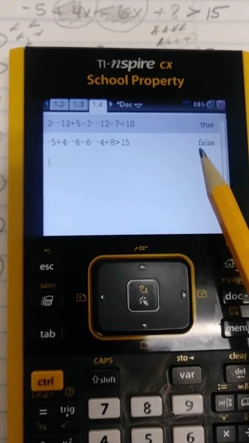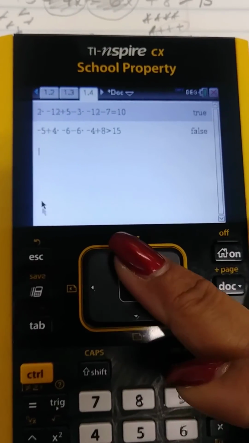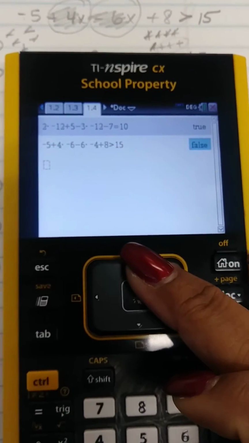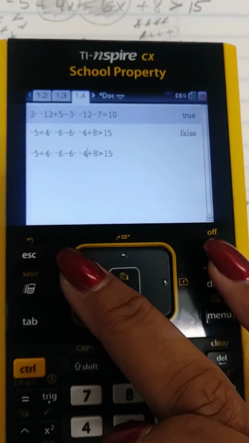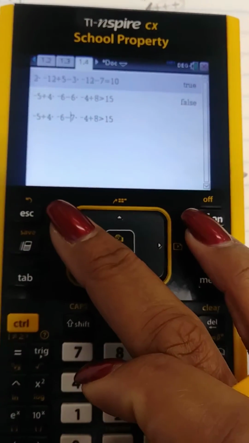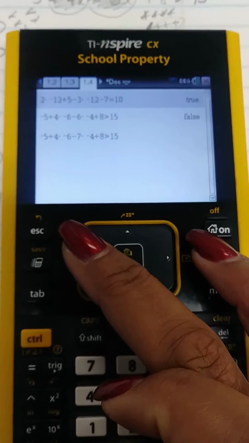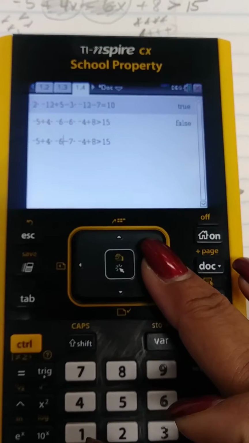It says false because I cannot have negative 6 as an answer. However, I can use negative 7. So go in. And let's put negative 7 where I need to.